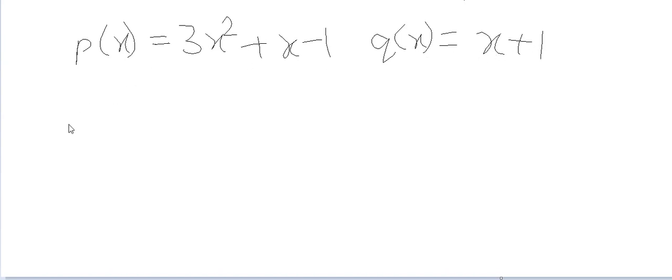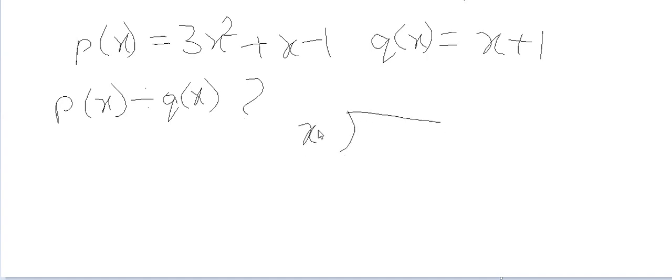And if I want to calculate p(x) by q(x), how do we do that? Well, it is quite simple. It is similar to the division of numbers.